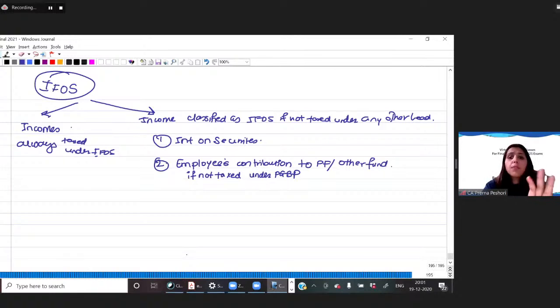And then you also get a deduction if you make the payment on or before filing of return of income, right? But in case it is not related to your business or profession, then it will be covered under income from other sources. Is it clear?